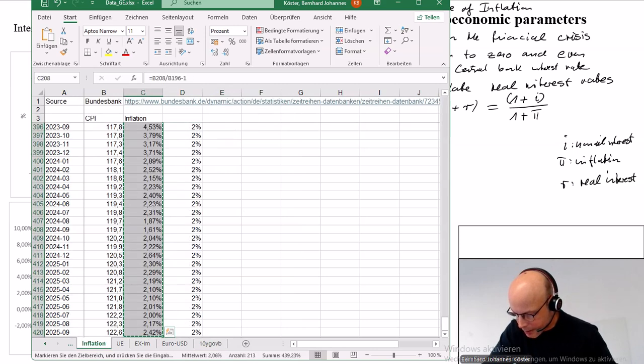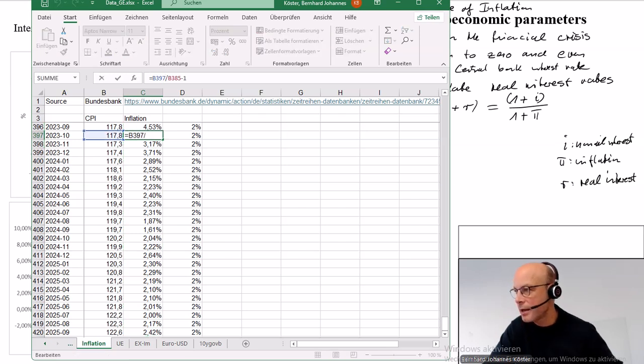Here you have to be a little bit careful because here we have calculated the inflation rate given the CPI, the consumer price index, so it is a formula. If you just copy it, you will take the formula, and then of course you get other numbers.